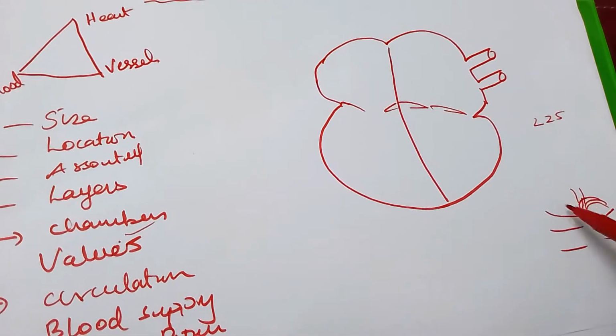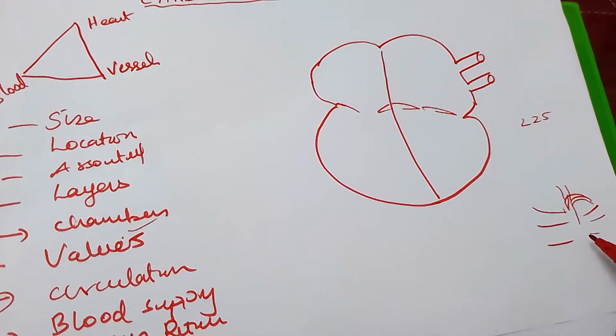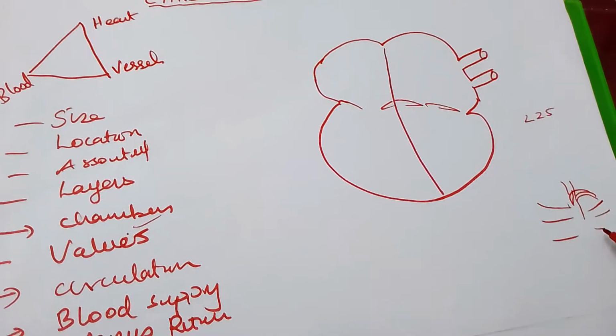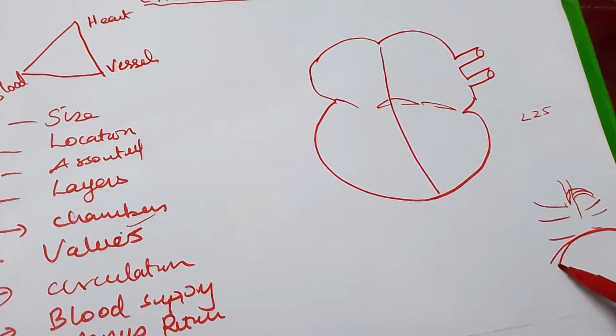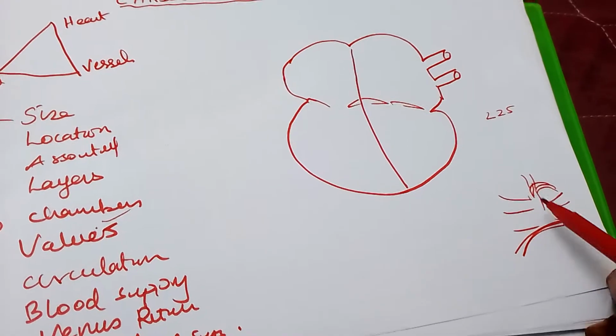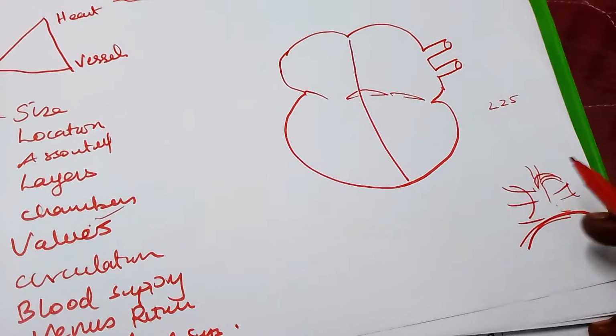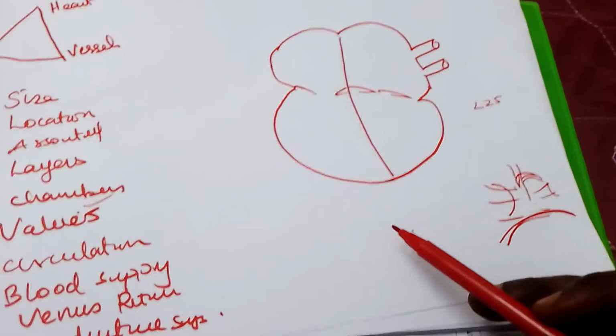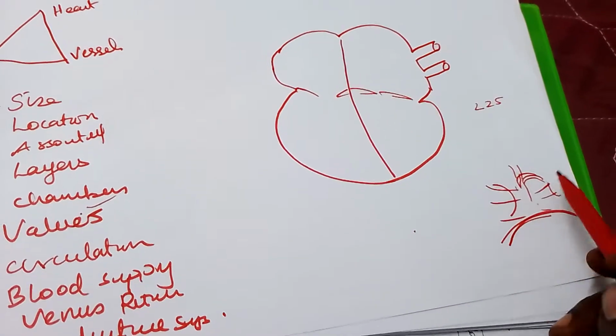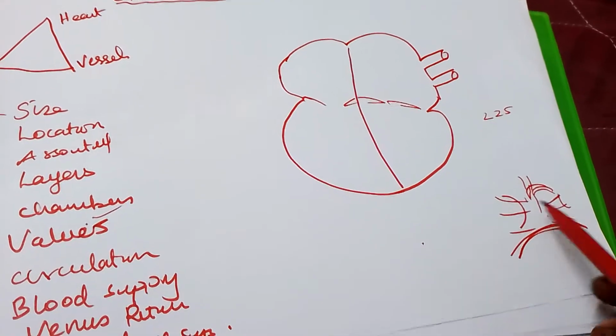Inferiorly, at the apex of the heart, the diaphragm is present. Laterally, the left side of the lungs will be present, and if the heart is on the right side, the right lung will be there. So this is about the surroundings.